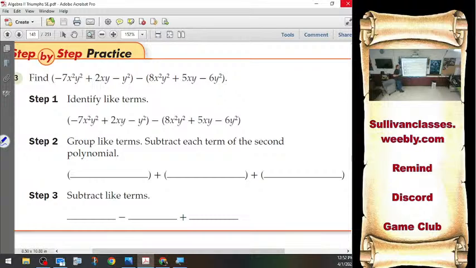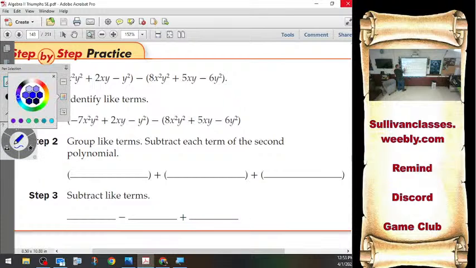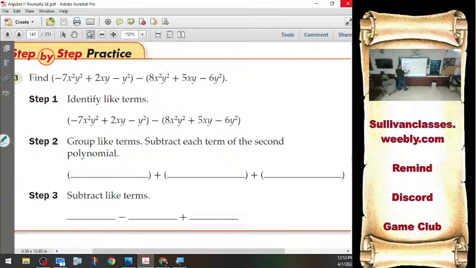So what I would like you to do, instead of their plus minus thing, instead of subtract this, subtract this, subtract this, what I would prefer that you do, and you said that it seemed a little easier, is we're gonna start by putting our negative 1 right here, and we're gonna distribute it.